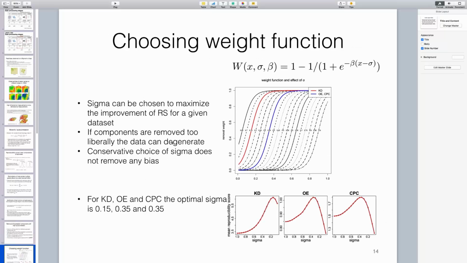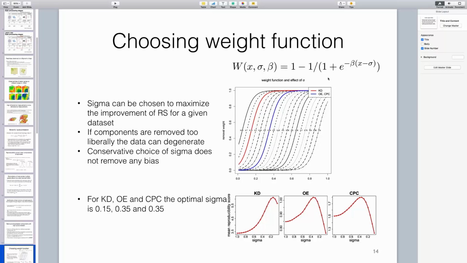So how do we choose what we remove? It depends a little bit on the data set. The stringency of how quickly you remove a principal component based on its autocorrelation depends on the data. I separated the knockdown, overexpression, and drug perturbation data sets, and I can maximize for the maximum average reproducibility score after correction.